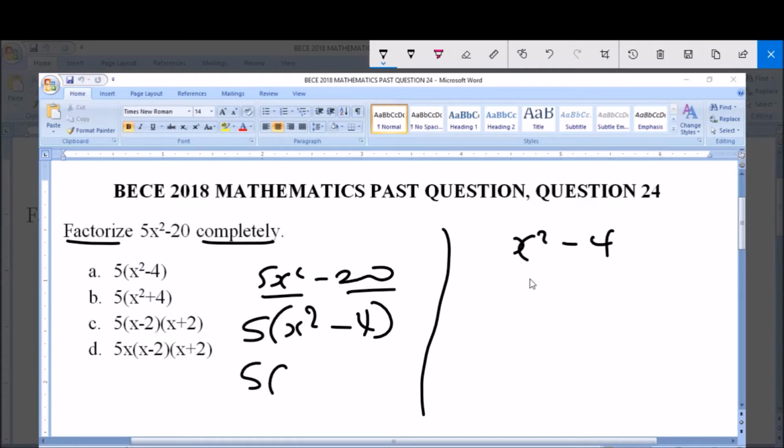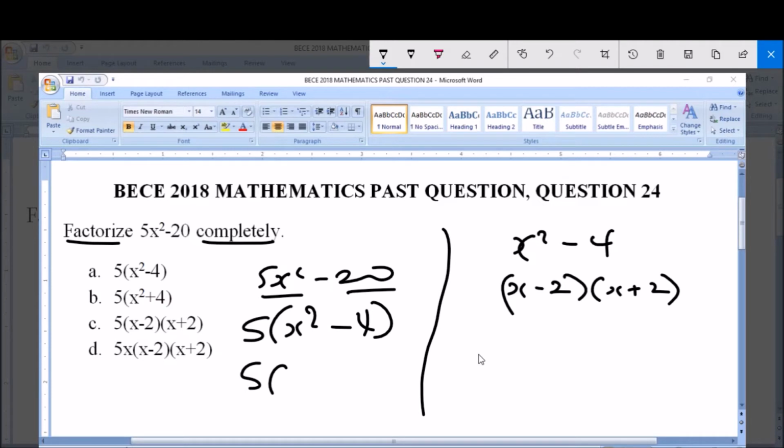So this is the same thing as saying x in brackets minus 2 close brackets into another bracket x plus 2. Now what we just did here is simply the factorization of x squared minus 4.